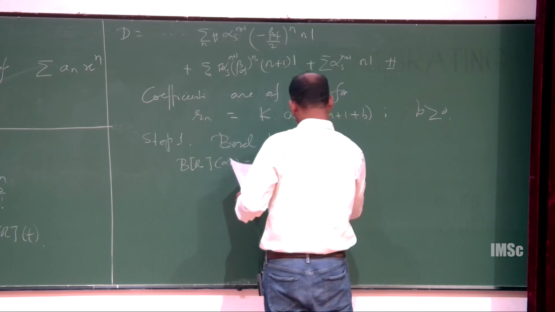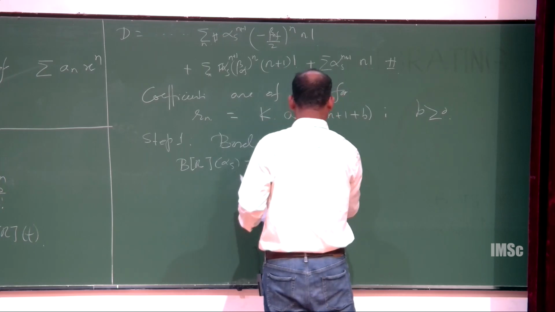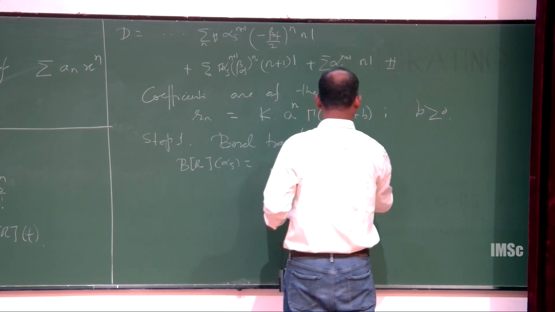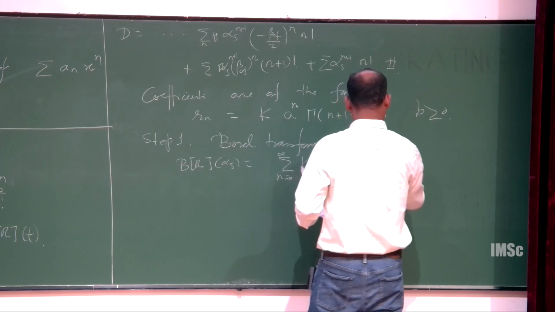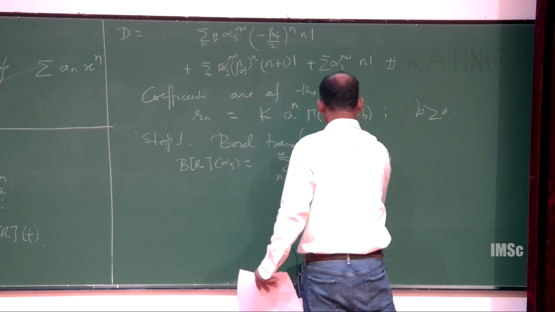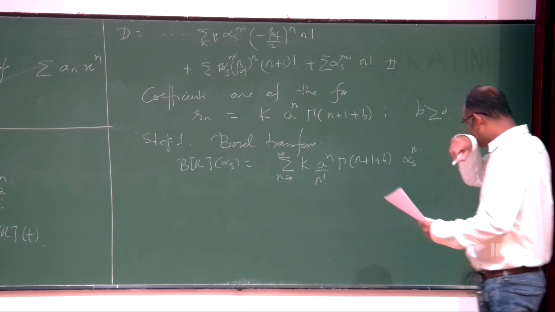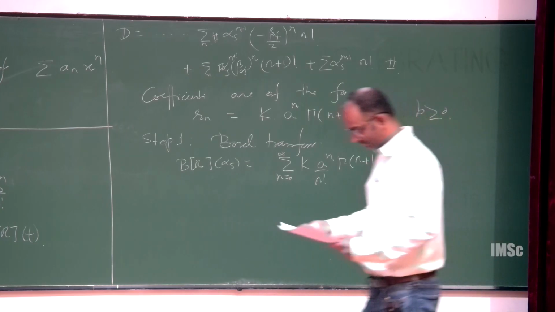So you have Rn is k a to the n gamma n plus 1 plus b, and then you divide by n factorial, and you have alpha s to the n, where b is greater than 0.